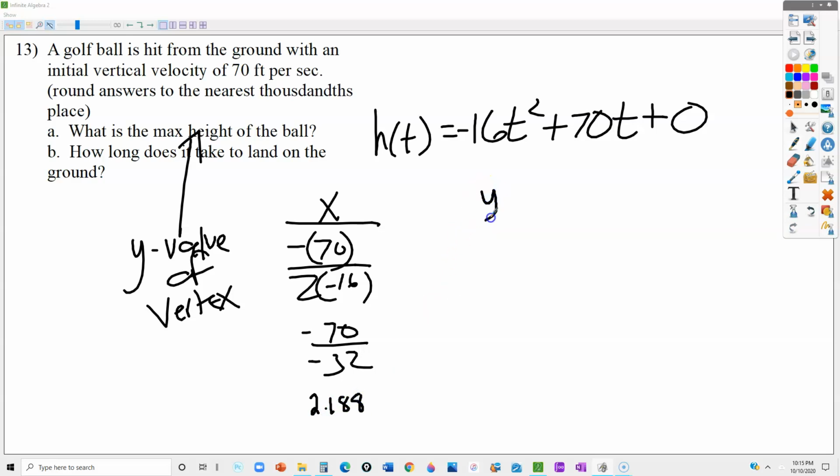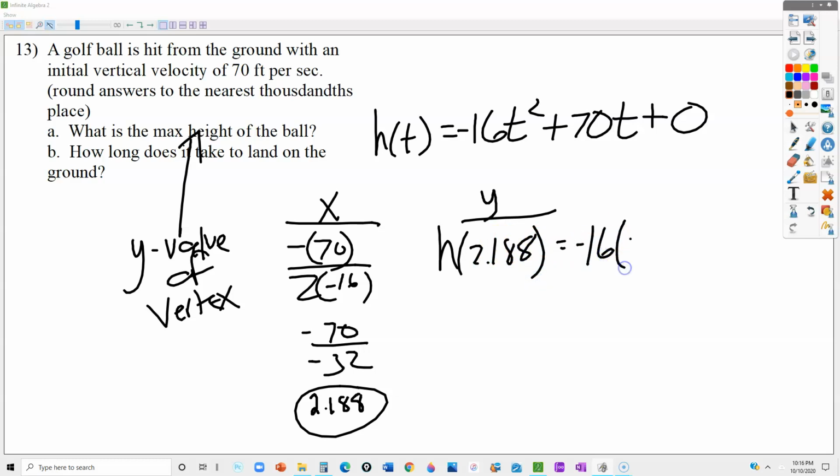Now to find the y value, which is what we really want, which is the maximum height of the ball, once again, we're just going to plug that into our formula here. I'm not going to include the 0 because I ran out of space and I don't need to include it anyway. Okay, so now I'm going to square first, just like I said last time.